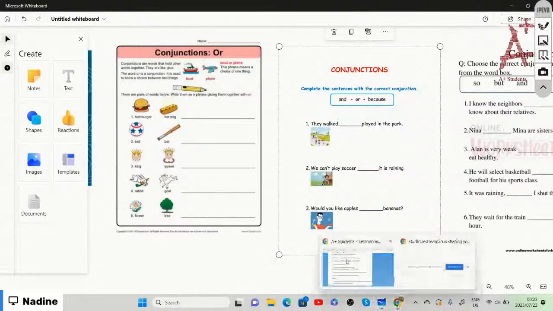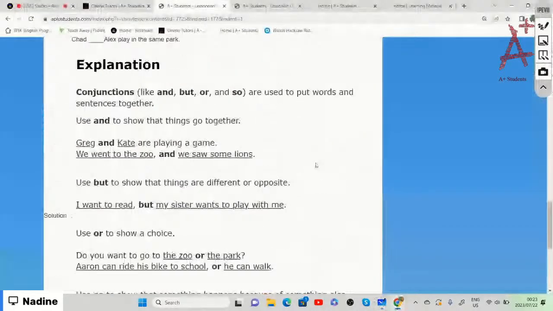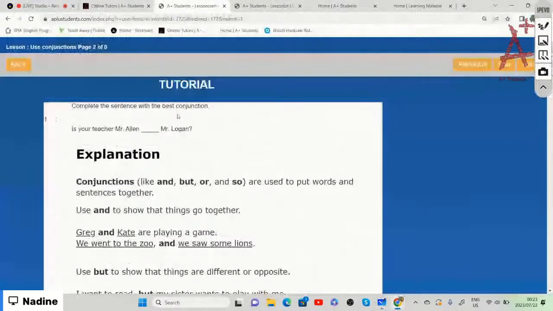If we go back to the tutorial page and we go next, we are going to once again fill in the possible conjunction within the sentence. Skip, Ace are my two pet rats.